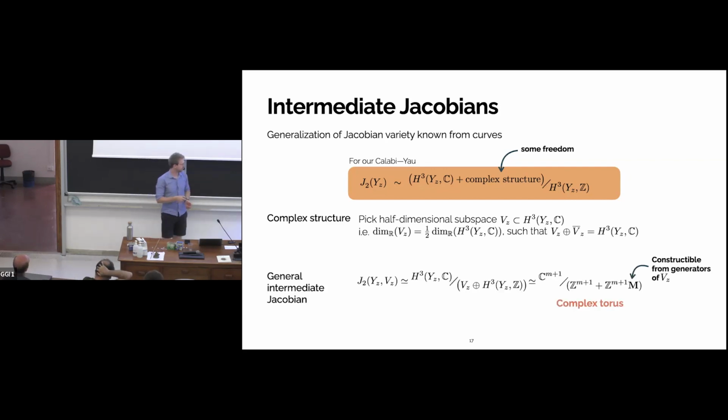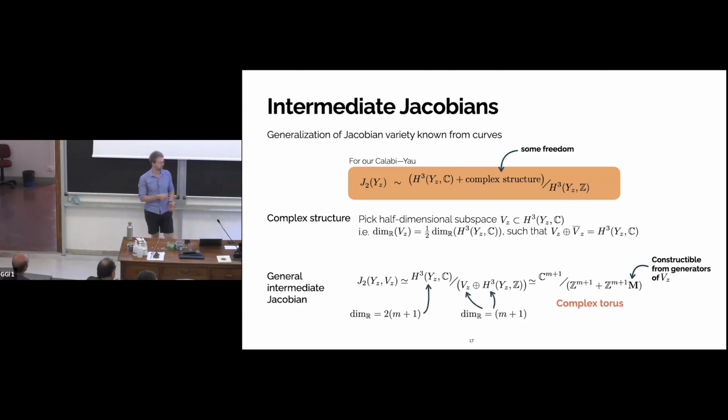And so in general, an intermediate Jacobian will be defined by all differential three forms modded out by this half-dimensional subspace and all integer multiples of differential three forms. And as you can show, this actually gives again a complex torus, as you would like. And equally, you can compute this complex torus explicitly if you have generators for this half space.